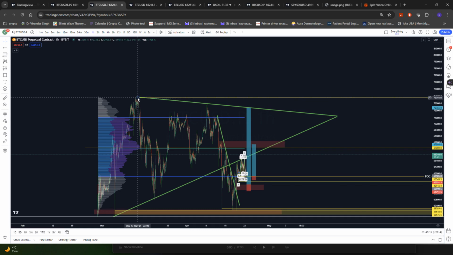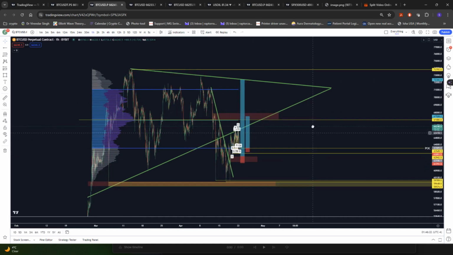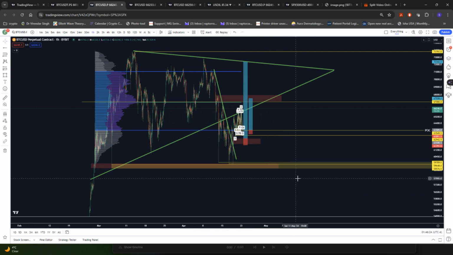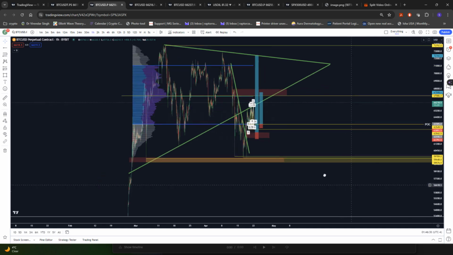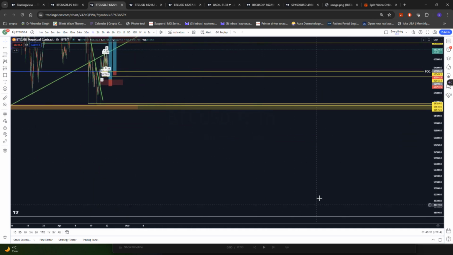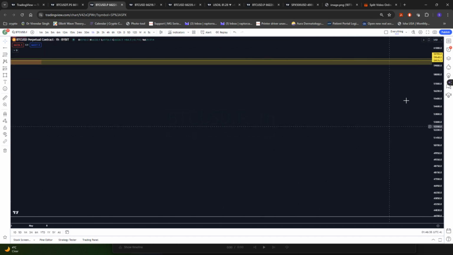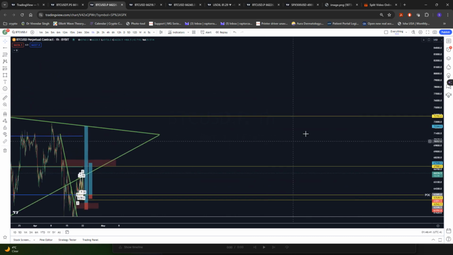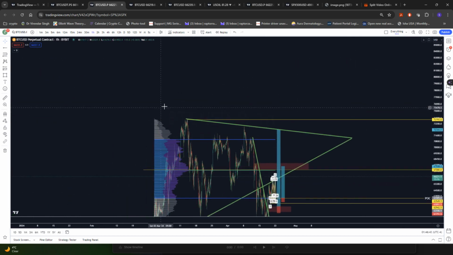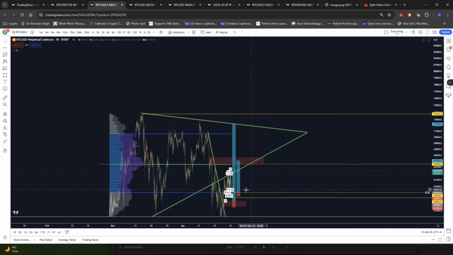So it's very possible that we can go up this time, take this out in an SFP style move, come back down, then one more move up. And that will be the completion of this distribution. Okay. So that's what I'm looking at from a Wyckoff analysis perspective.